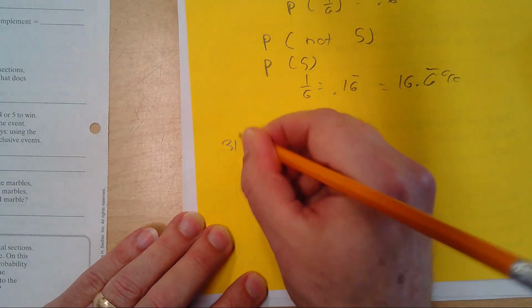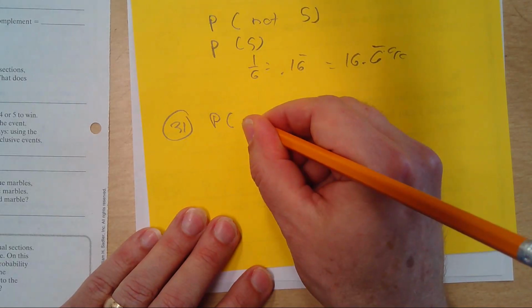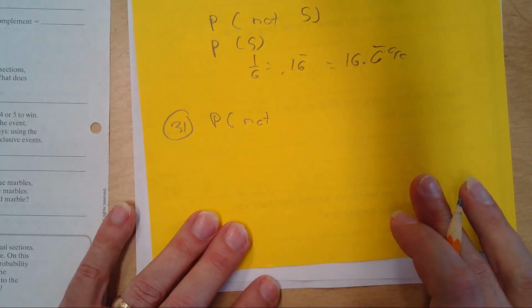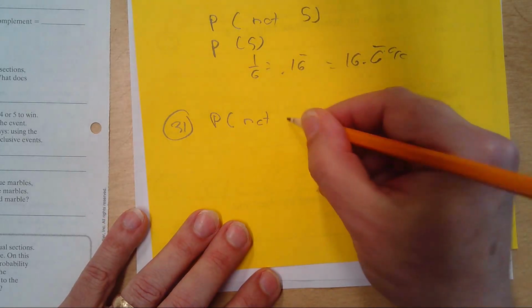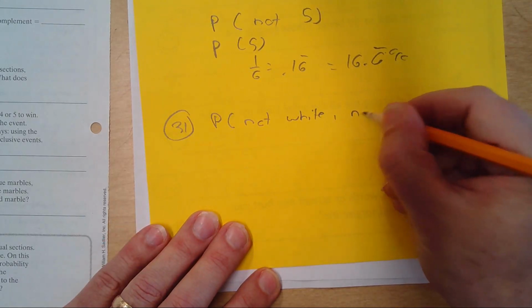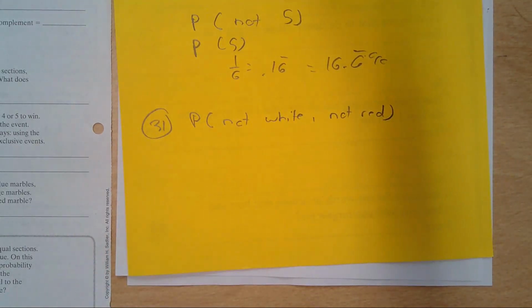Are we supposed to get a decimal and percent too, or just? No, you can just leave it in fraction, that's fine here. So basically they're saying not white, and not red. Same thing we've done. A couple things I need to know.